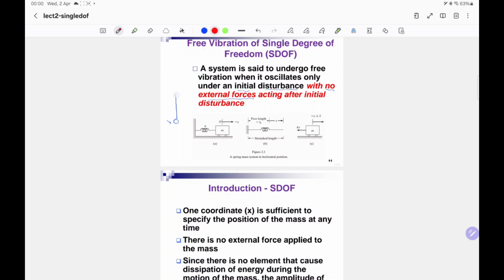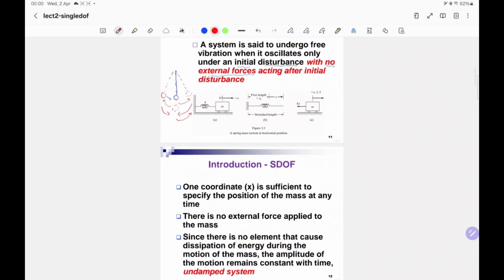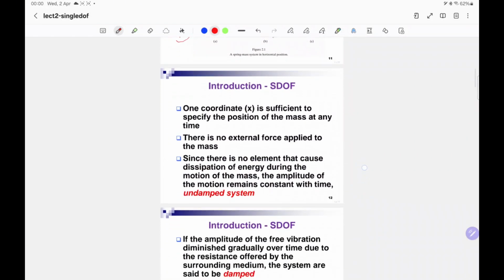What will happen is that this pendulum will go to here, and then it will go back to the original state, and then it will go in this direction, and then it will go back, and then eventually it will die out over time if there are no external forces acting after the initial disturbance. So that is what we call free vibration.